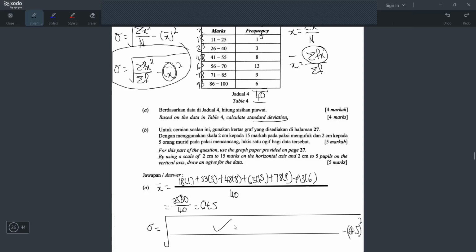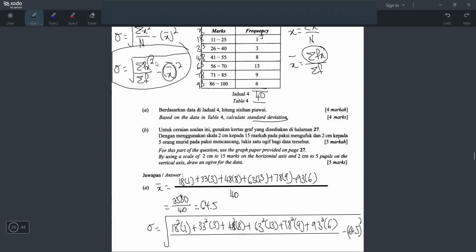But what I have to write here is x squared times frequency. Which means 18, which is the x, I have to square it first, then only multiply with frequency 1. And then plus, repeat the process: 33 squared times 3, plus 48 squared times 8, plus 63 squared times 13, plus 78 squared times 9, plus 93 squared times 6.